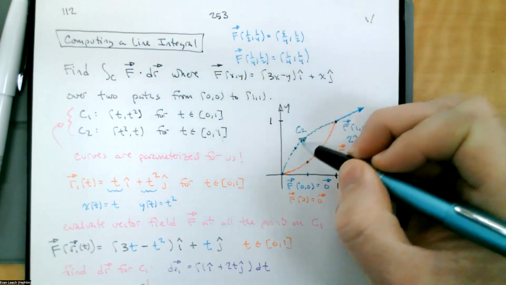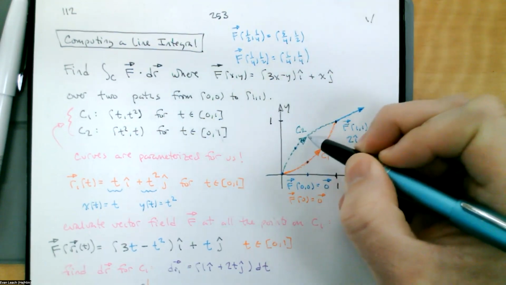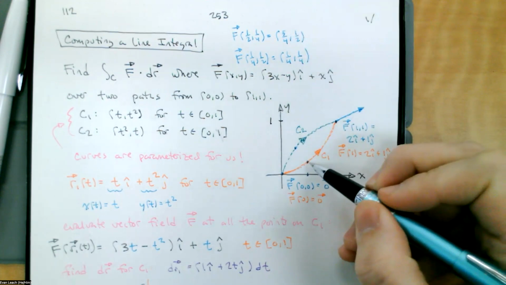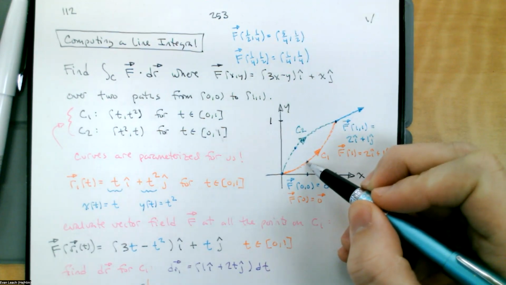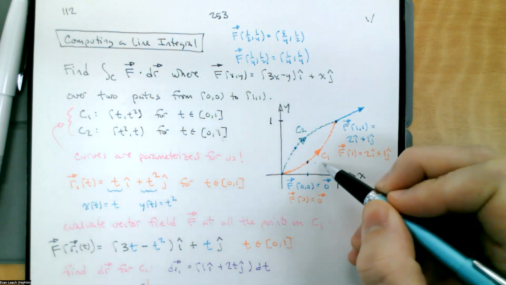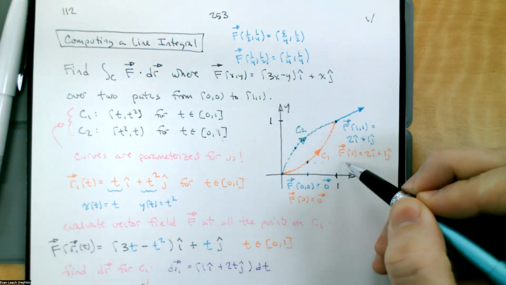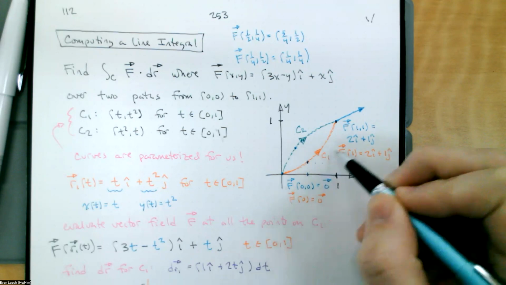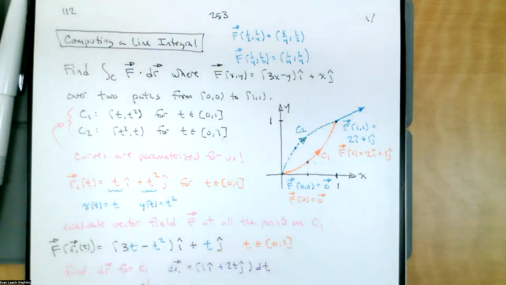So the vector field here will be pointed at this 45-degree angle, and the vector field at this other point will be 5/4 and 2/4. So it'll be at a slightly lower angle. So the paths have the same shape, but the vectors along those paths are going to be different.